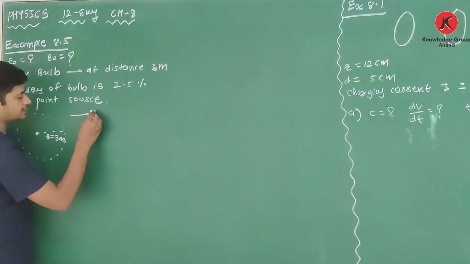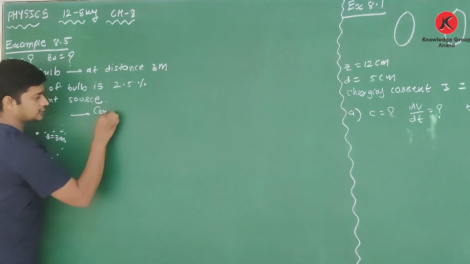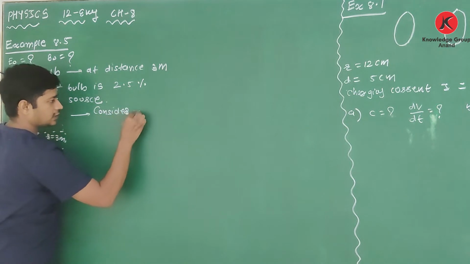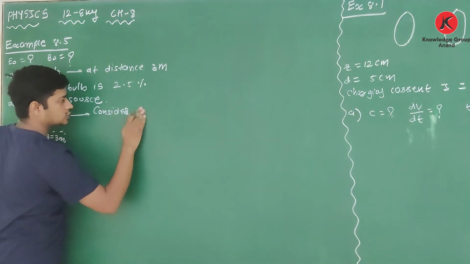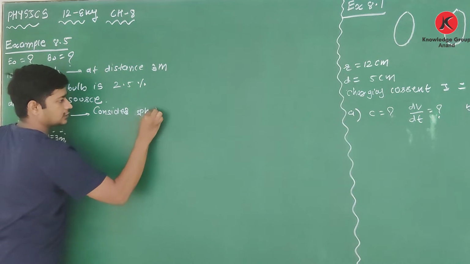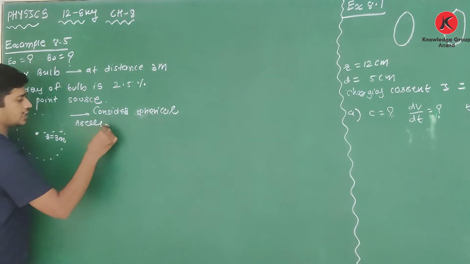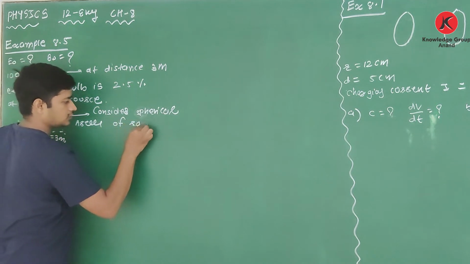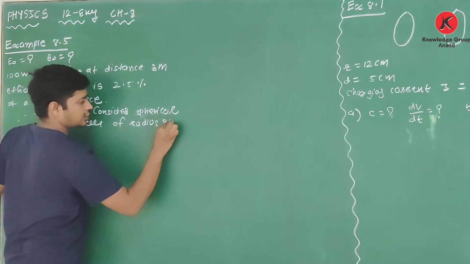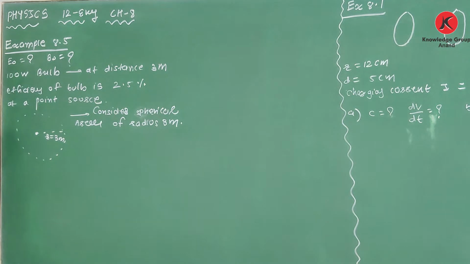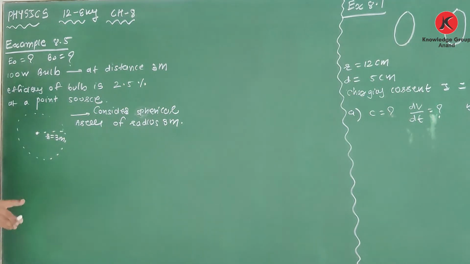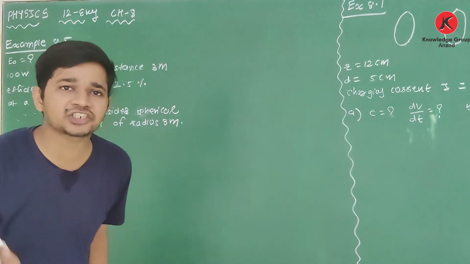You see here, consider a spherical area of radius 3 meter. Why consider a spherical area of radius 3 meter? Because it is a point source, and due to a point source, energy is radiated in all directions.